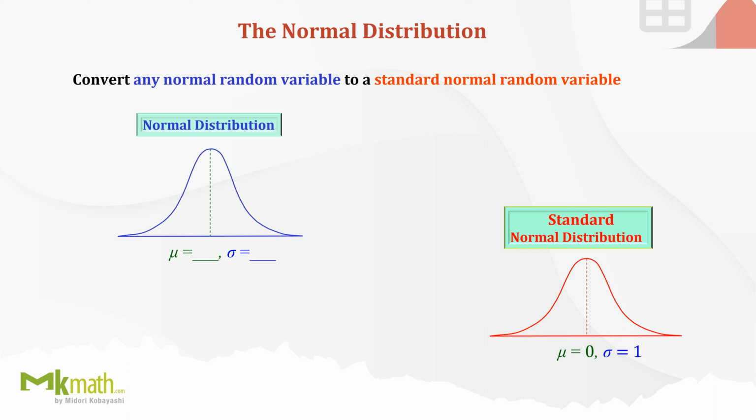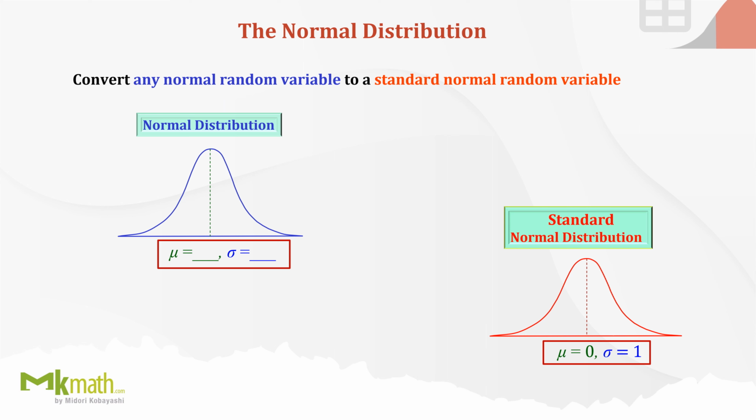Of course, they both are bell-shaped. A non-standard normal distribution can take on any value as its mean and standard deviation, while the standard normal distribution always has the mean of 0 and the standard deviation of 1.